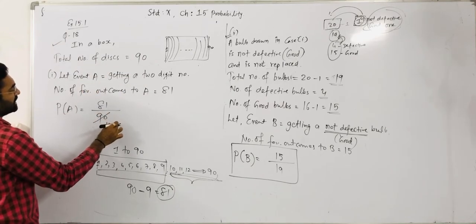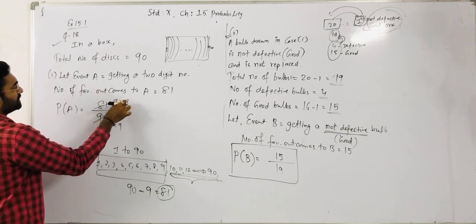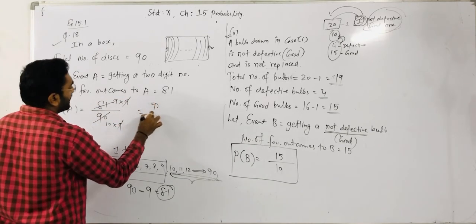This is 10 nines and this is 9 nines, so the 9s cancel out, and we get 9 by 10.